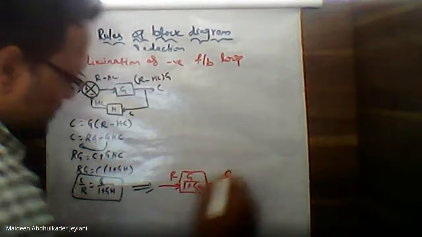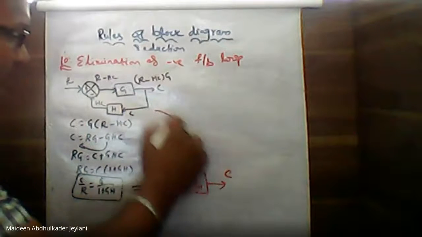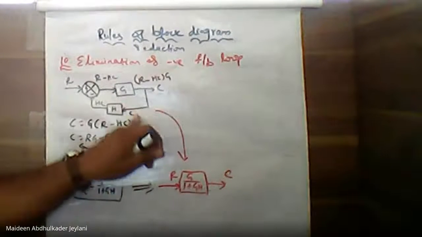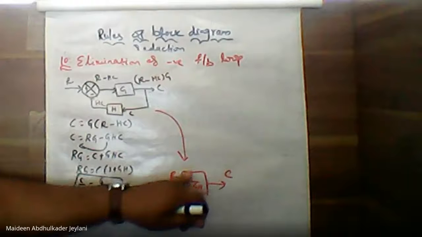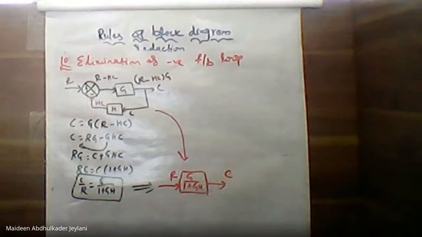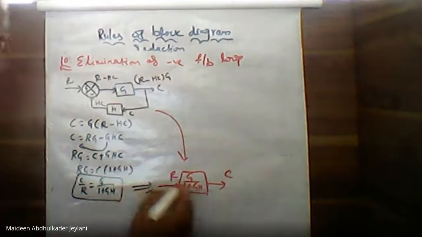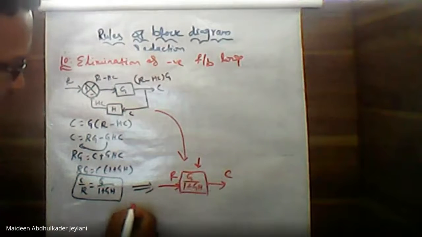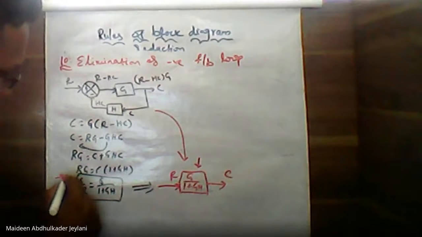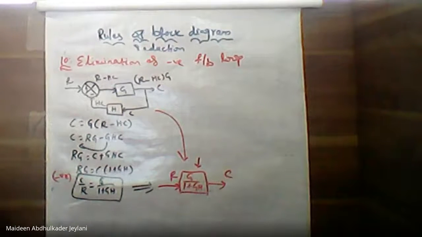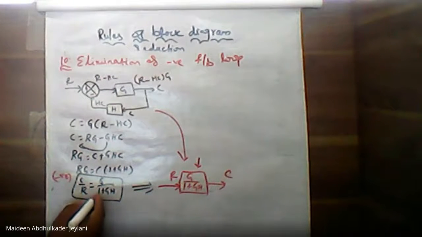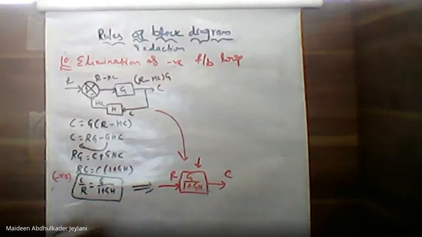Response output is C. When you are eliminating your negative feedback system, you will get R into G divided by 1 plus G into H. So for a negative feedback system, this is what your system gain is. Here for a positive feedback system, you will get G by 1 minus G into H. We have a separate proof for that.